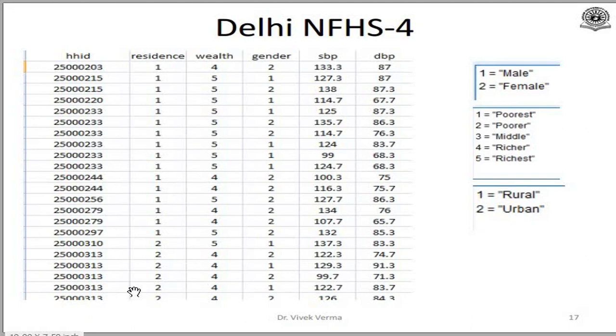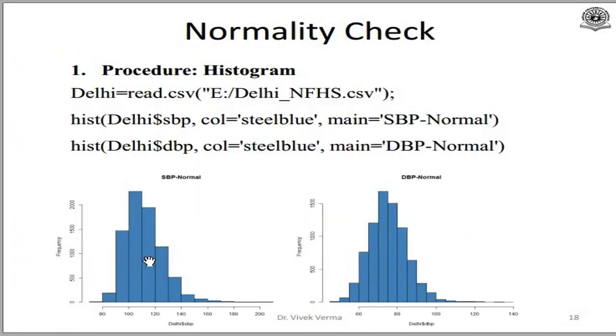Wealth may be of 5 categories: poorest, poor, middle, richer and richest. Gender 1 denotes male and gender 2 denotes female. Corresponding to each individual, data has been collected for systolic blood pressure as well as diastolic blood pressure. Now let's execute the entire setup using R.